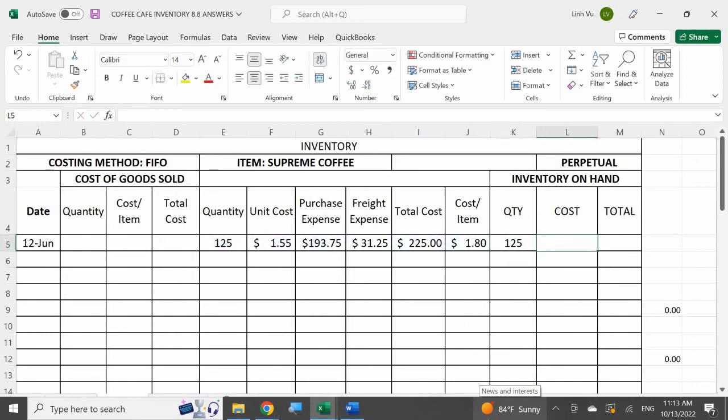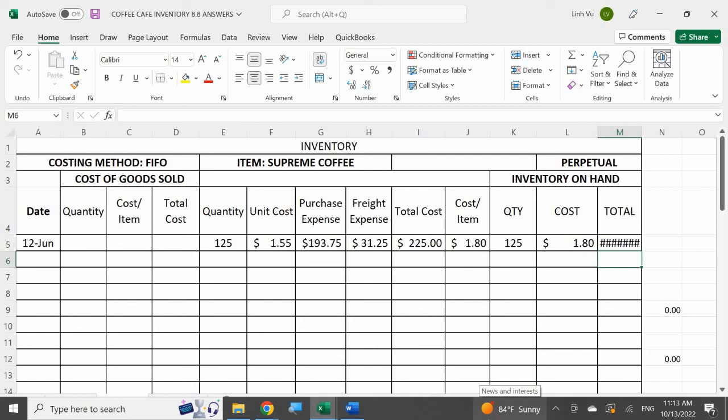So therefore, I'm going to carry this batch over into my inventory on hand. And this time, I want to keep my quantity as something I fill in. I'm also going to fill in my cost per item and have my calculation be my quantity times my cost, because in this case my cost per item is going to stay the same.